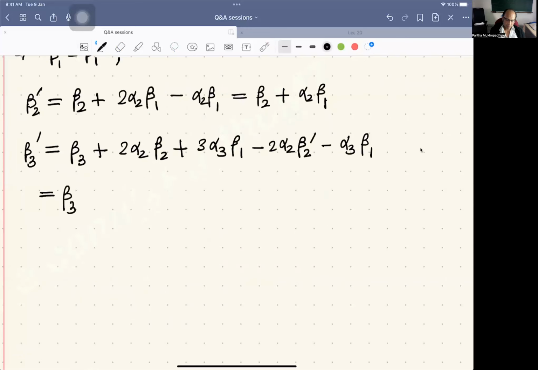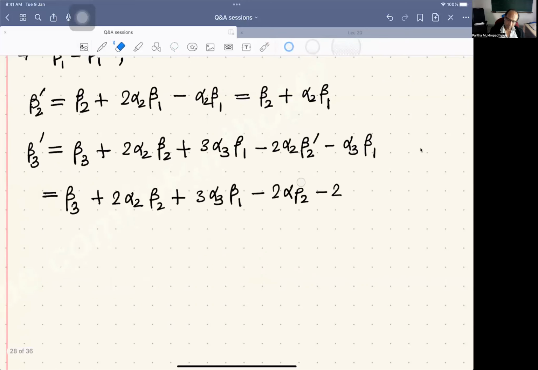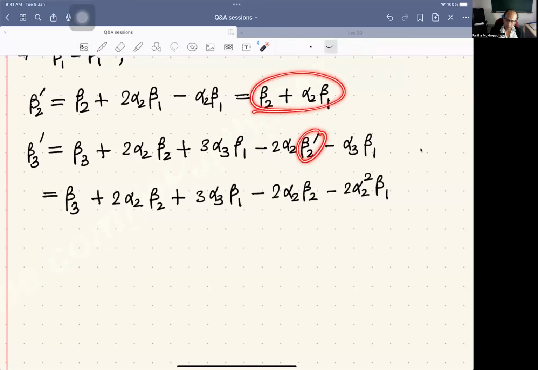So that's beta 3 plus 2 alpha 2 beta 2 plus 3 alpha 3 beta 1 minus 2 alpha 2 beta 2 prime, where beta 2 prime is beta 2 plus alpha 2 beta 1, minus alpha 3 beta 1. So basically what I'm writing is 2 alpha 2 beta 2 prime, where beta 2 prime is given by beta 2 plus alpha 2 beta 1. Right, so that's right.